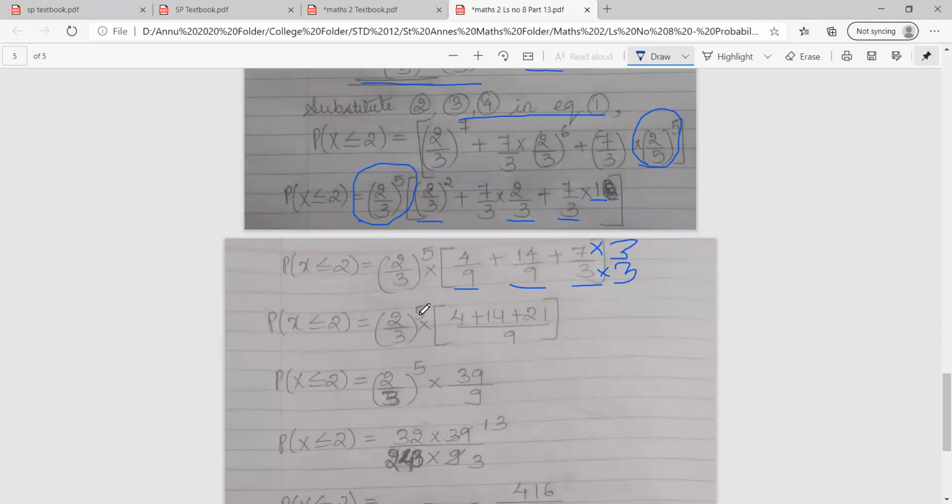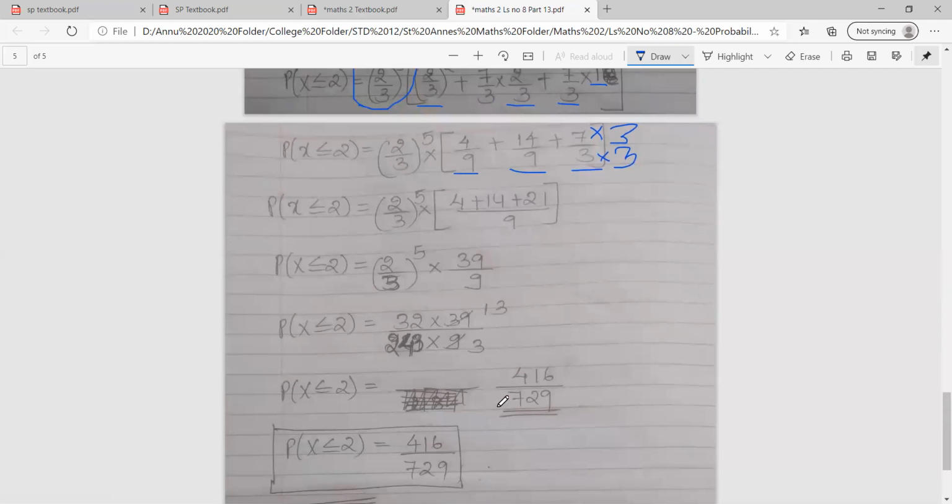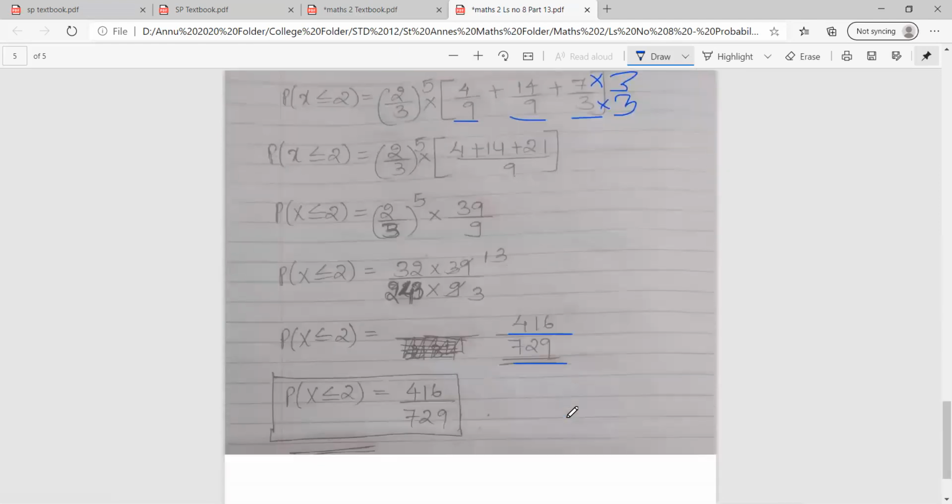So (2/3) raised to 5 into 4 plus 14 plus 21 upon 9, which gives me 39 upon 9. On cutting it from the 3 table, I get 13 by 3. And I have opened (2/3) the whole raised to 5, which gives me 32 upon 243. On multiplying 32 by 13, I get 416 and 243 into 3 gives me 729.